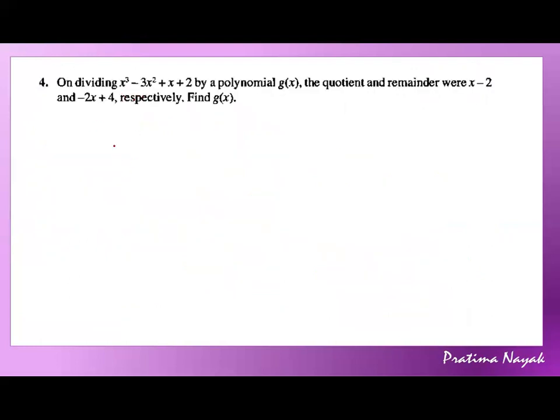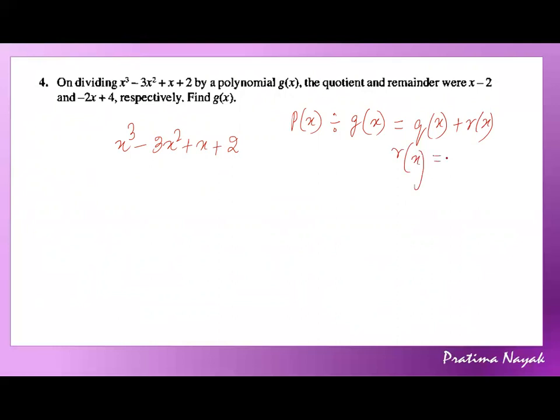Now on dividing x cube minus 3x square plus x plus 2 by g(x), p(x) divided by g(x), we get q(x) plus r(x). Here what is given? The quotient is x minus 2 and r(x) is equal to minus 2x plus 4.